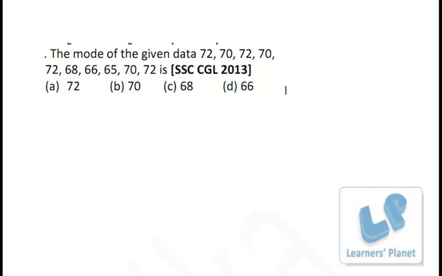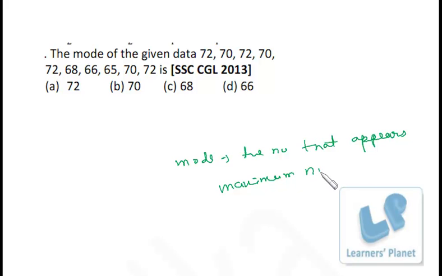The mode of the given data. What is mode? Mode in the given numbers, the number which is appearing for the maximum number of times is the mode, right? Mode is the number that appears the maximum number of times.